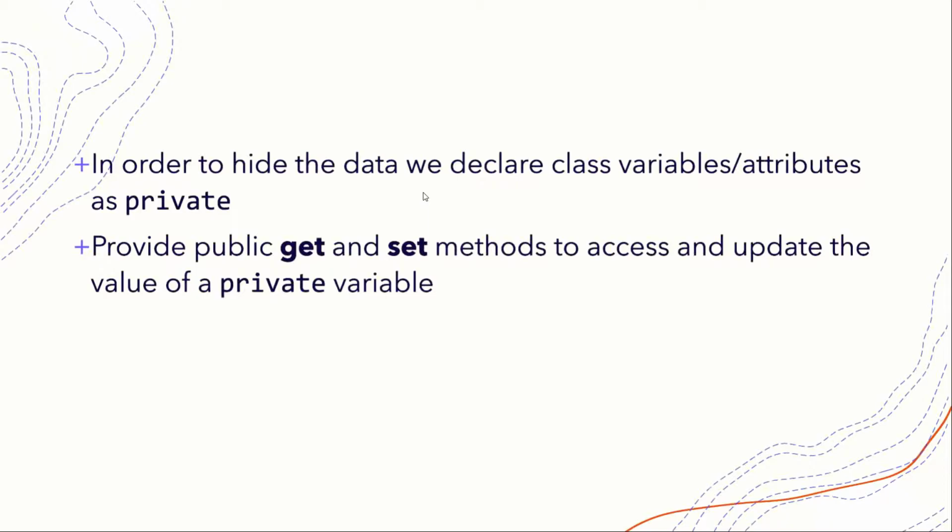We can access the data using the get method and the set method. If we provide public get and set methods, we can access the private data and also update it. So let's get to know more about the get and set methods on our IDE.